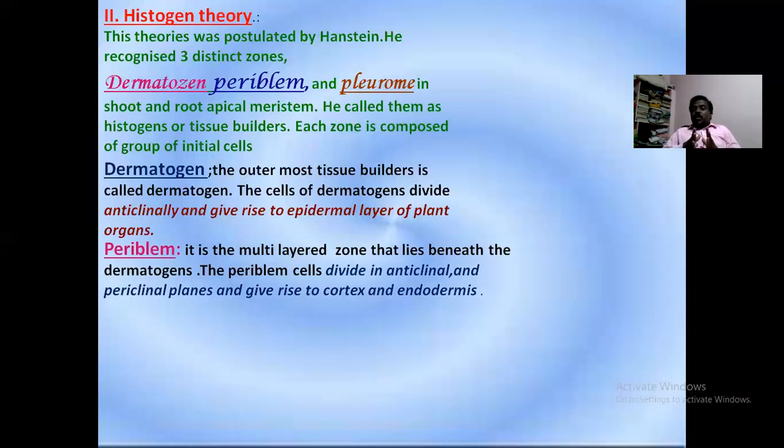These parts of the plant body, mainly in the root and stem, are produced by the periblem. The periblem is produced by the periphery.